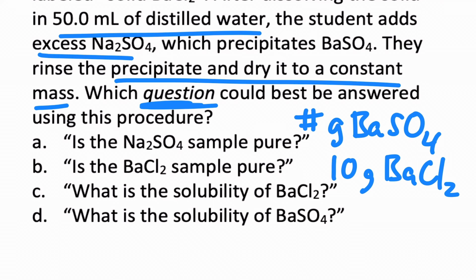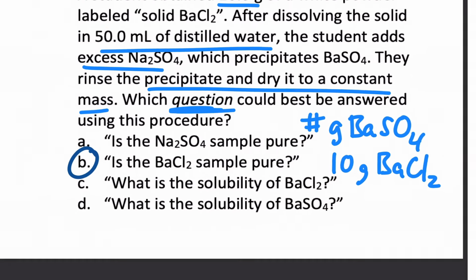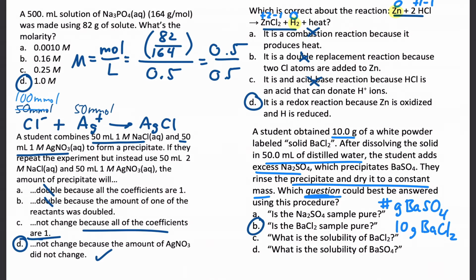It's 1-to-1, barium to barium, plus it's excess sodium sulfate. So this number that they get experimentally should match what they would get based on that. So the correct answer sounds like they're not even having us calculate it, but they're having us identify that this is a question of, is it pure? Is the barium chloride going to be pure?